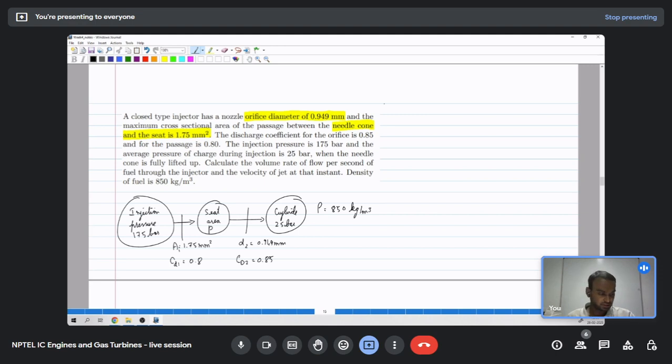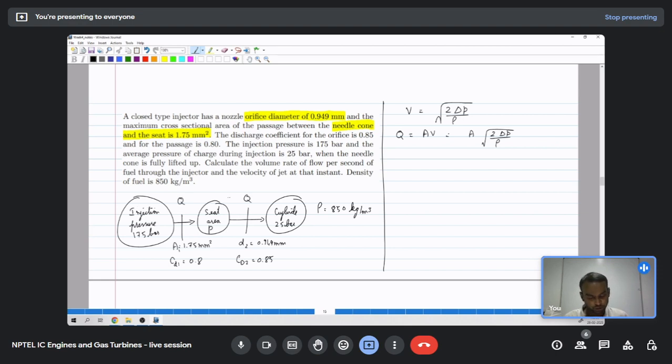Now, based on the orifice equation, velocity across an orifice is the square root of 2 delta P by rho, and for continuity, flow rate Q is A into V. The flow rate across all of this is constant.